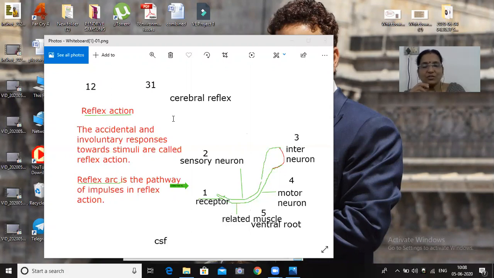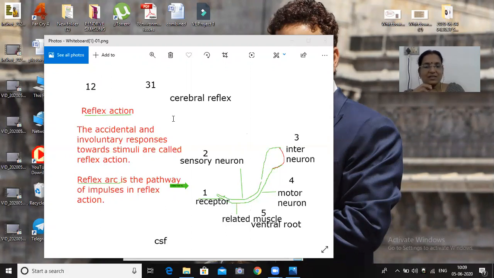So in order to avoid such a situation, our body has a mechanism. There are accidental and involuntary responses. It is done by the spinal cord. In this case, the spinal cord alone decides. That's why it is done by spinal cord.